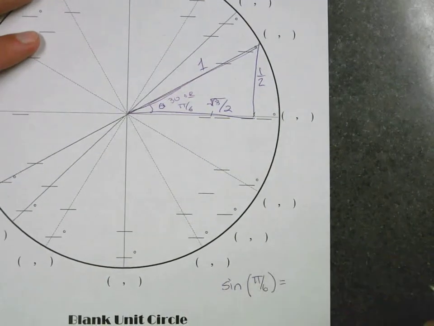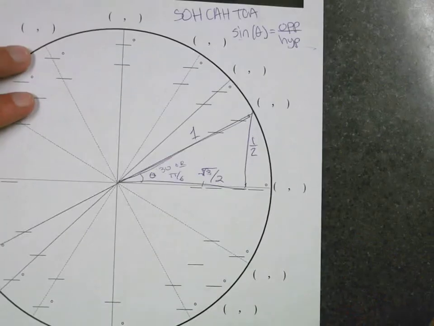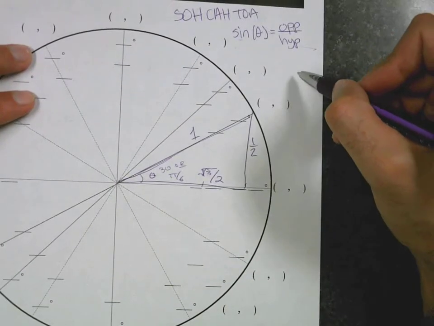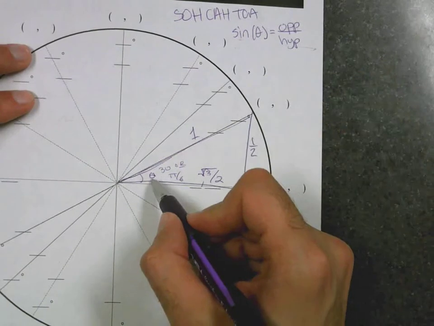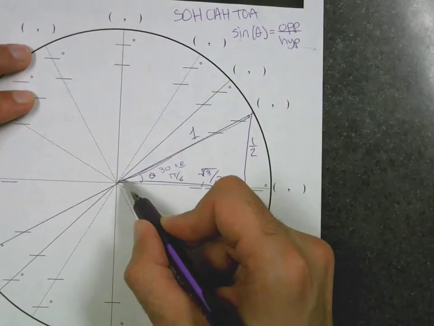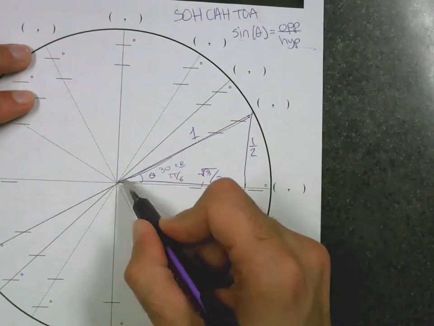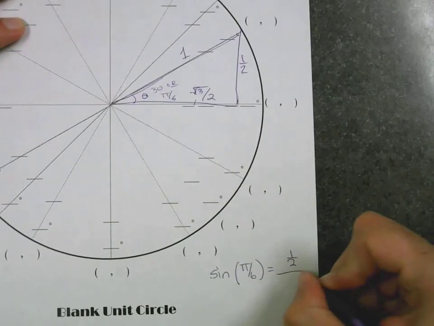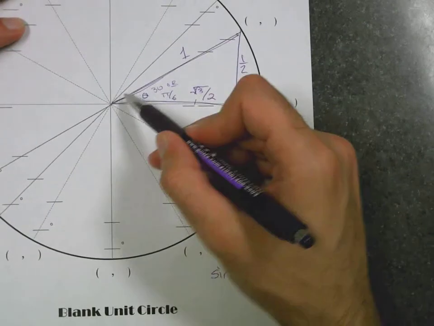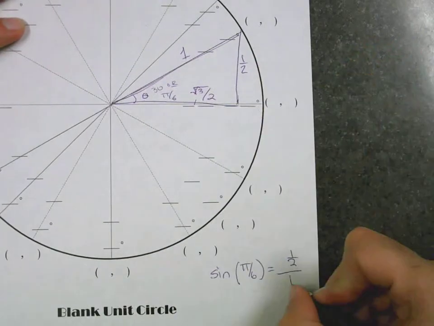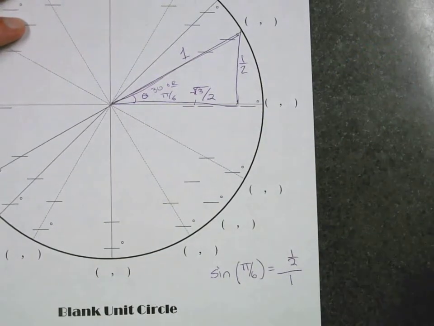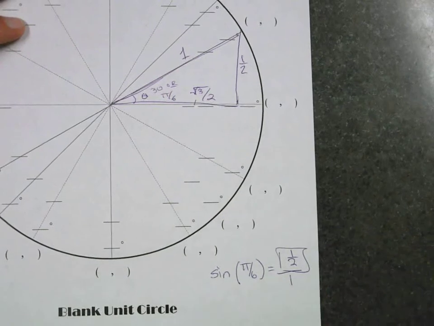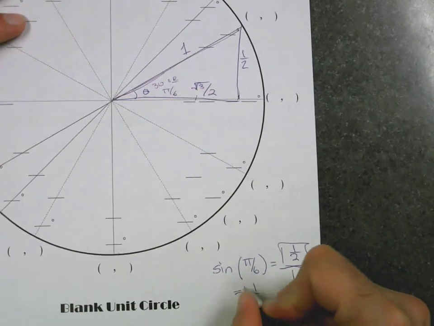So sine of pi over 6 would be opposite over hypotenuse. What's the opposite of pi over 6? Well, that would be the side that's opposite that angle, so 1/2, divided by the hypotenuse, which is 1. And look, anything divided by 1, anything at all, it's always just the thing on top. So that means sine of pi over 6 is 1/2.